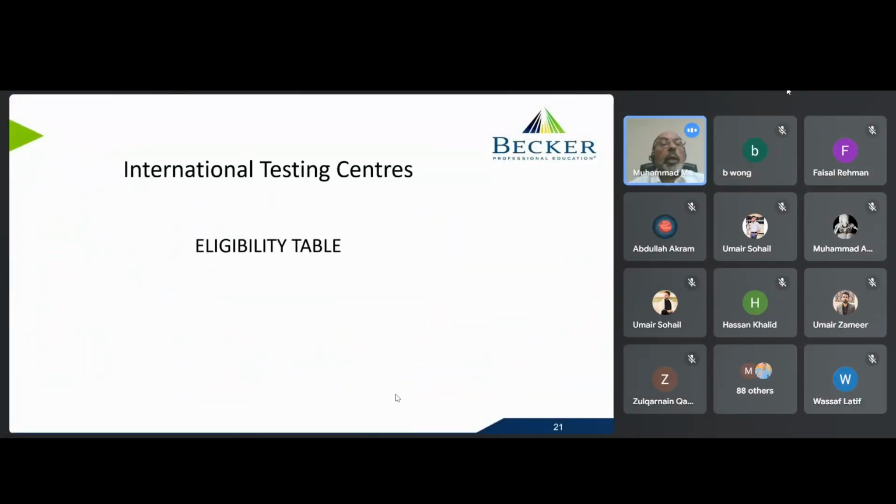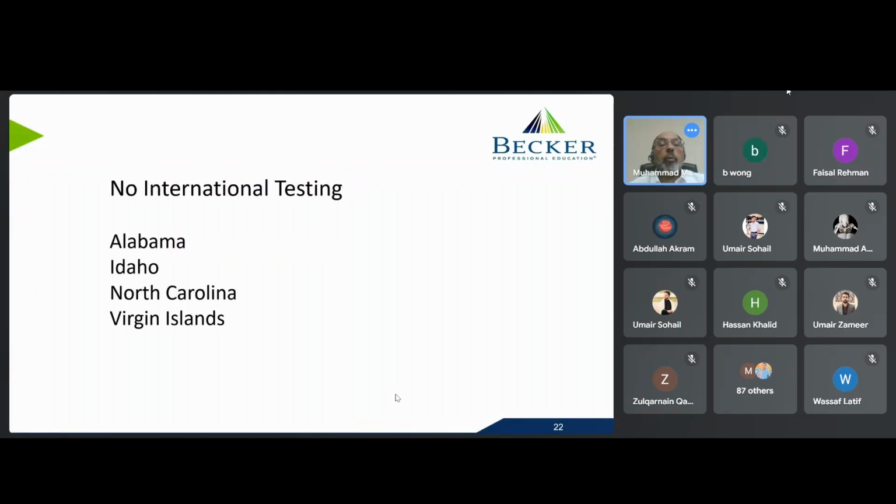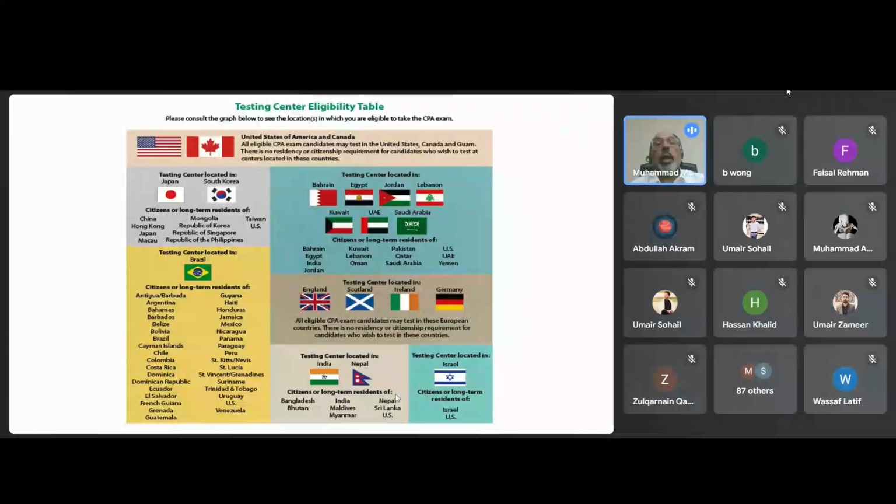Okay, so you can take the exam internationally as well. There's an eligibility table. If you want to take the exam in these four states, they are not holding the exam internationally. The rest of the 51 states and jurisdictions are holding the exam internationally. The US and Canada are called the local exam.